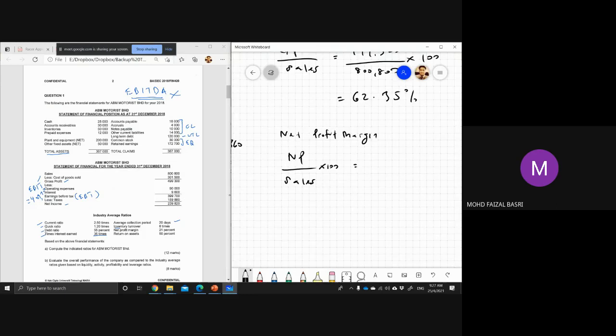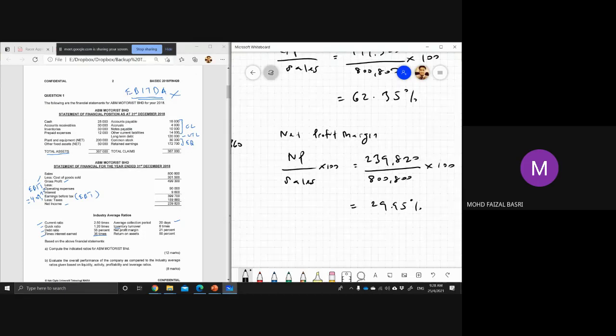The net profit, net income is 239,820, and the sales is 800, times 100. So it's almost 30%. The ratio is 29.95%. Close to 30%, as compared to the industry average, which generates just about 21%.